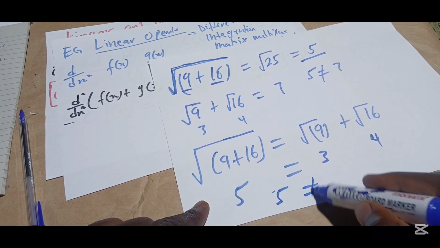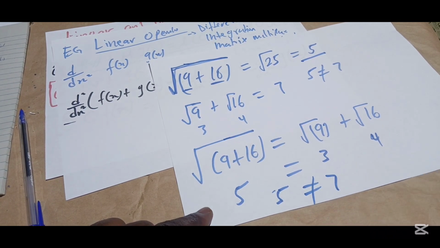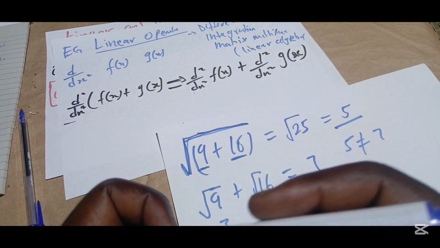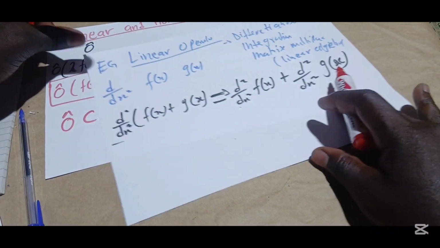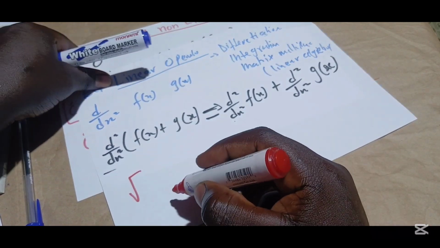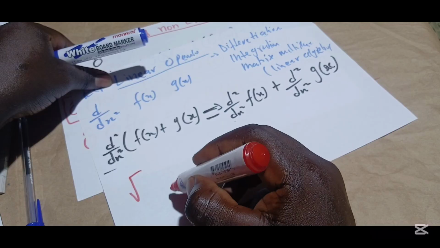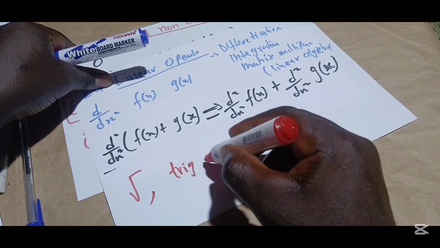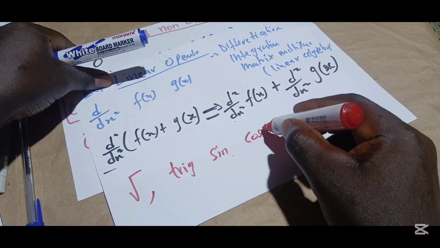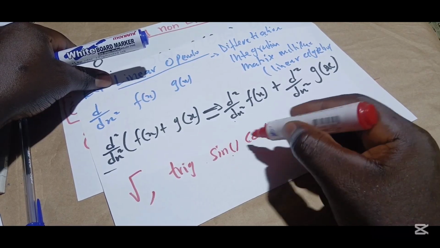And 5 is never equal to 7. So this means that square root is an example of a non-linear operator. Let's now look at examples of non-linear operators. The square root sign is an example. The trig functions, sine and cosine, are all non-linear operators.